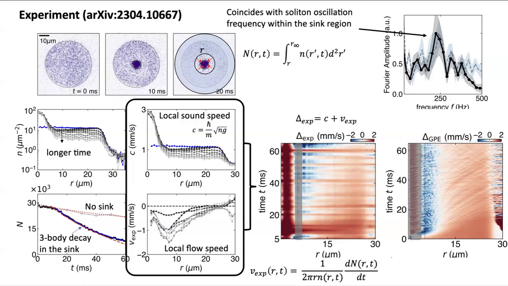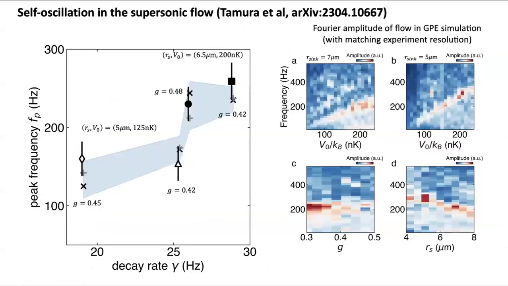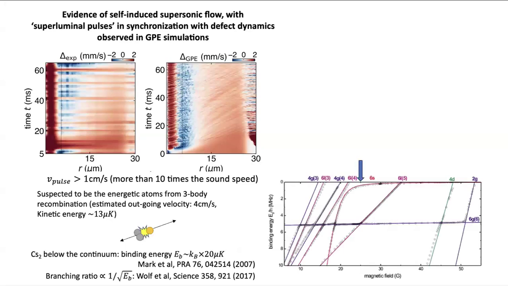But why are we seeing this in the experiment and not in the GPE? We think these are probably related to atoms coming out due to three-body loss, which we are detecting. And of course, this is not included in the GPE.